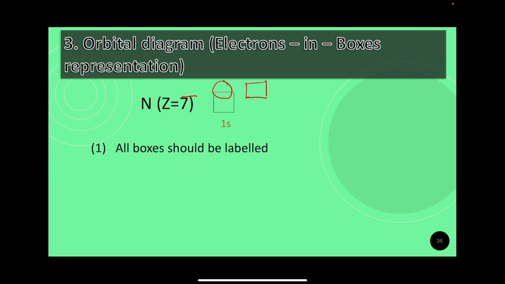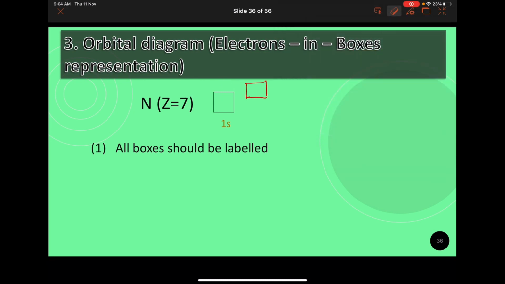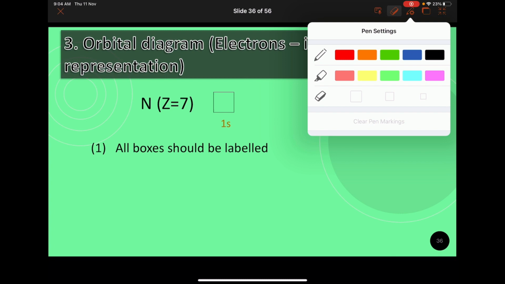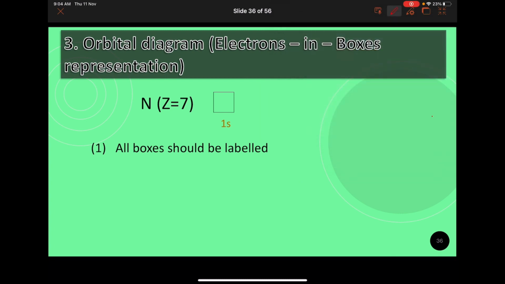For example, we do the orbital diagram for nitrogen. Boxes for 1s, then boxes for 2s, and then 2p boxes. Since 2p has three houses, as you can remember, the p orbital has three boxes. For the s orbital, only one box, one house.